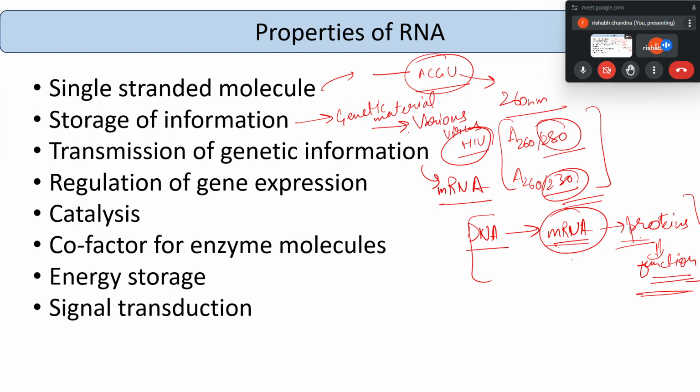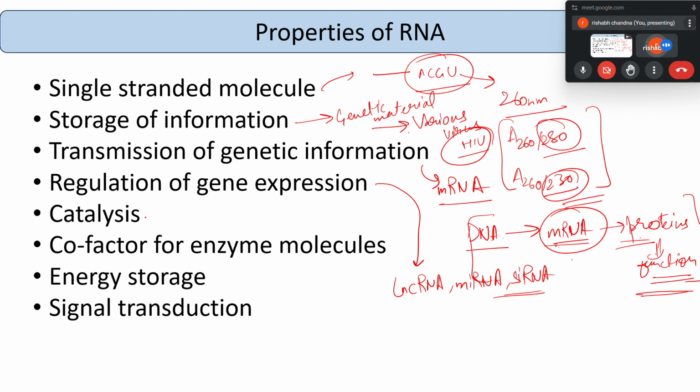So that the information is maintained inside the cell only. And then it also helps in regulation of gene expression in the form of other non-coding RNAs. That means they do not produce any protein, but they regulate gene expression in the form of lncRNA, microRNA, siRNA, and all the small RNAs that are being studied.